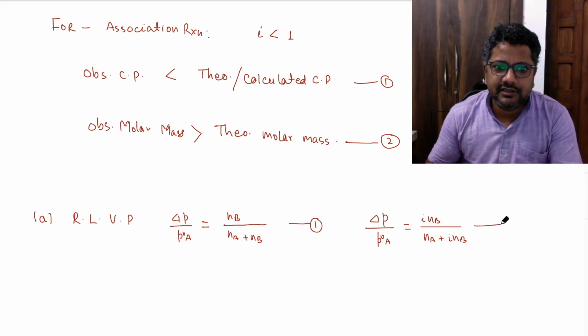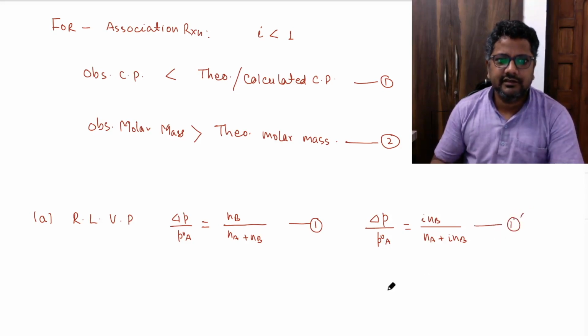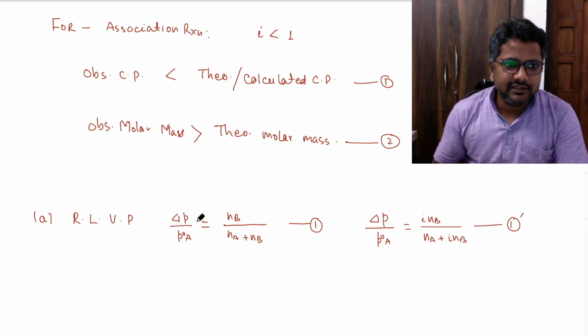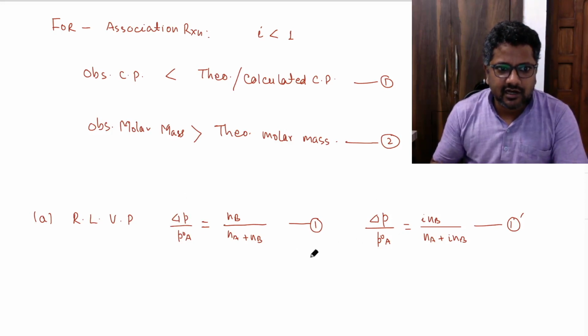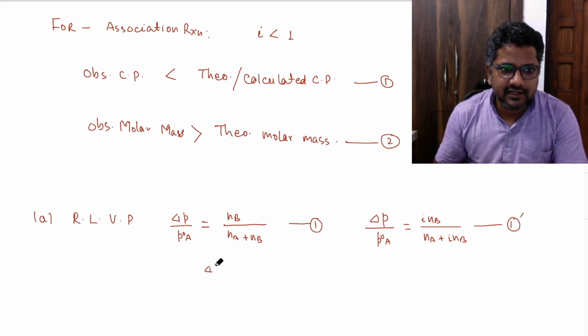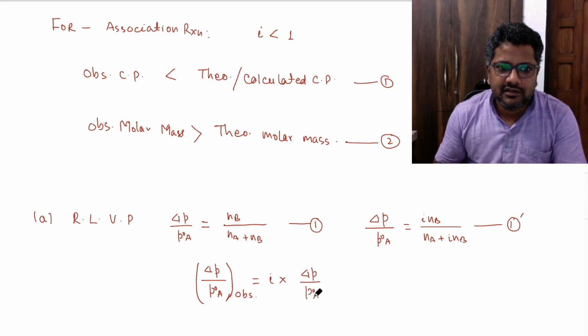So this is theoretically calculated and this is observed. So you can write delta P by P naught A, relative lowering in vapor pressure, observed, is equal to I times delta P by P naught A calculated.